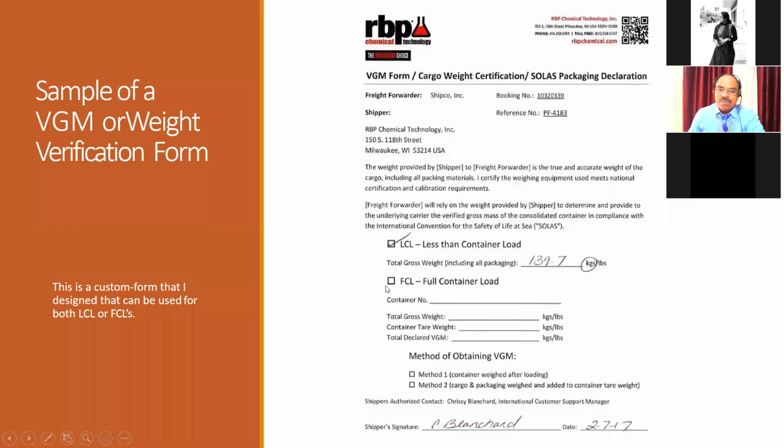This is the less than container load or full container load. We call it the VGM form, that is the weight verification form. Of course, it states what the weight is. LCL means they will put it in some other container.